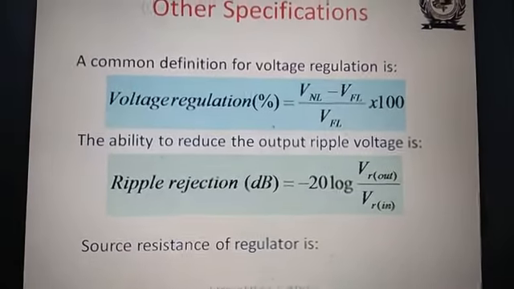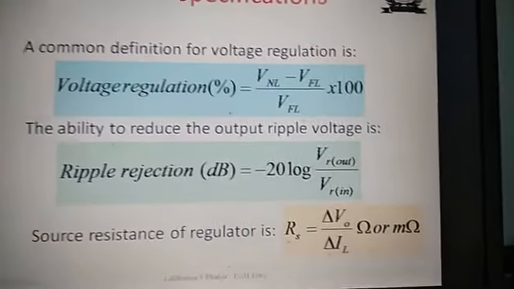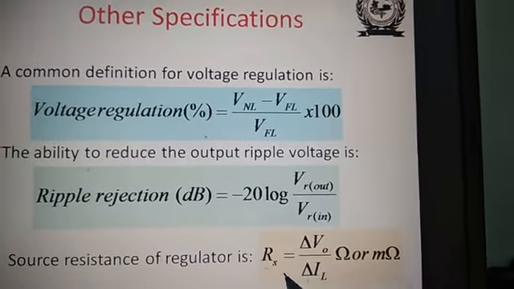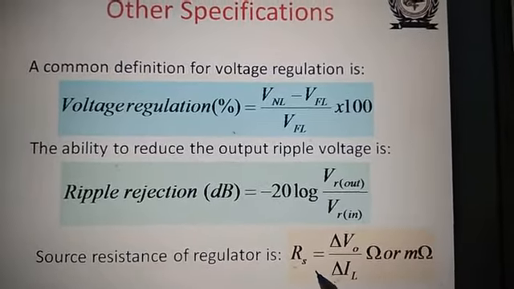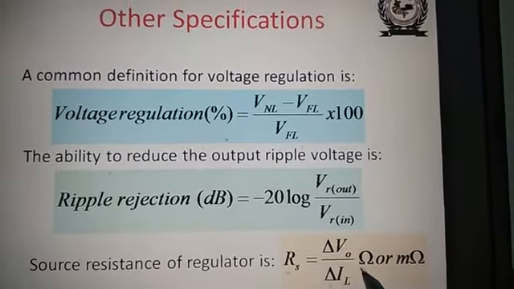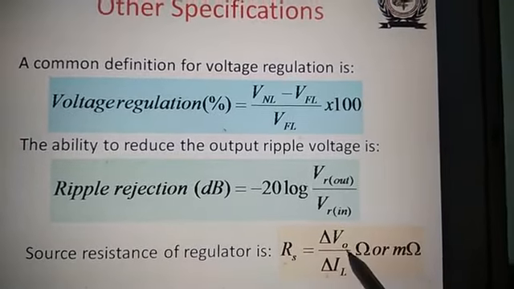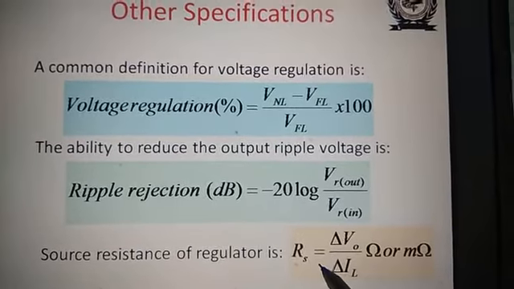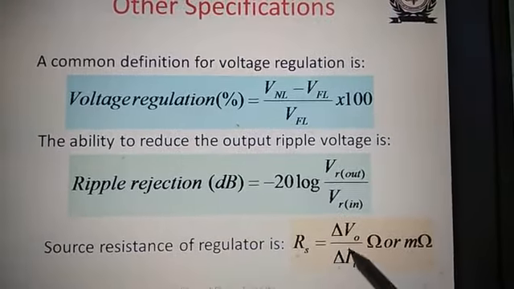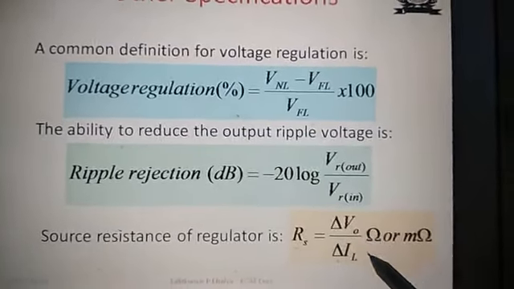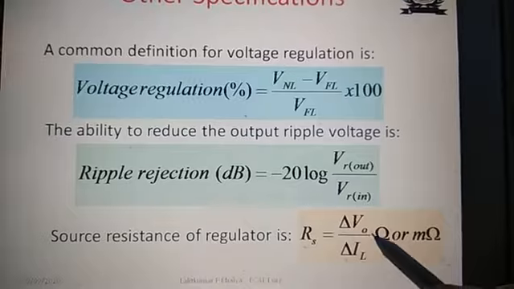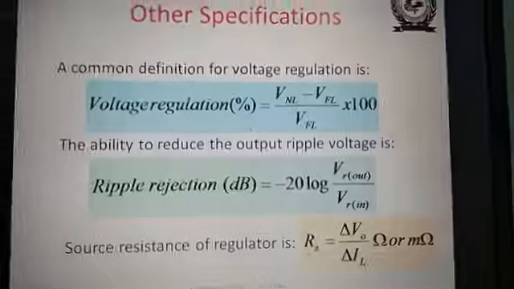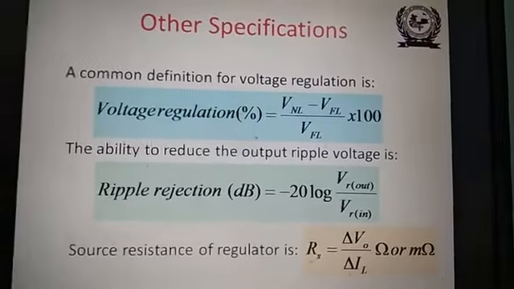Another specification is the source resistance of a regulator. RS is equal to delta V naught upon delta IL. Change in output voltage upon change in load current is the source resistance. The internal source resistance of the regulator can be obtained by taking this ratio, in terms of ohms, and it is very small, sometimes in milliohms.